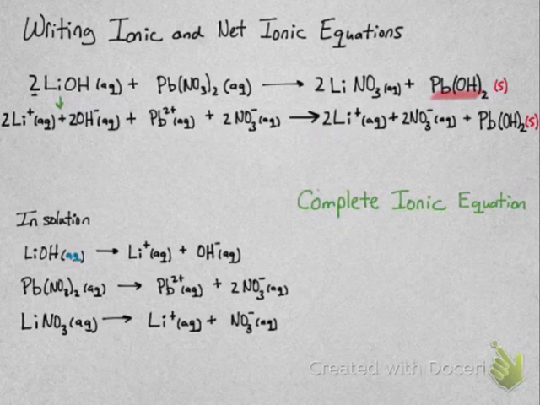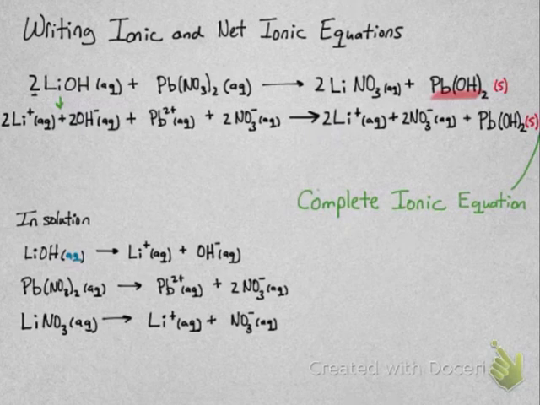NO3 minus appears on both the reactant and product side, and therefore nothing really happened with nitrate. So if we want to just show the active players in the equation, what we do is cancel out the like ions on each side and produce what is called the net ionic equation.